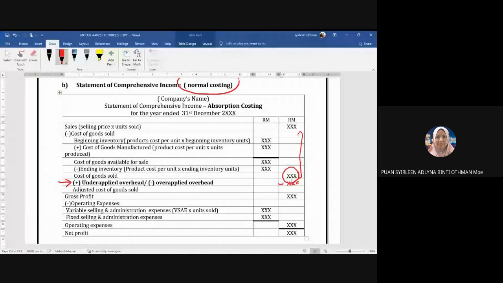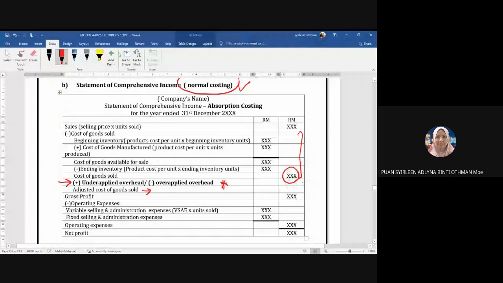So, kalau dekat actual costing tadi, sampai cost of goods sold, you boleh terus ambil sales dan minus dan dapat gross profit kan? Okay, tapi kalau untuk absorption costing using normal costing system, you tak boleh terus tolak. Once you get your cost of goods sold, you need to do the adjustment dahulu, dapatkan adjusted cost of goods sold. Lepas tu tolaklah adjusted cost of goods sold ni dengan your sales.